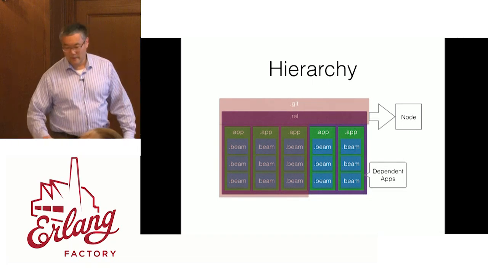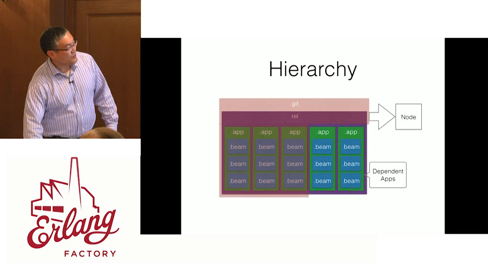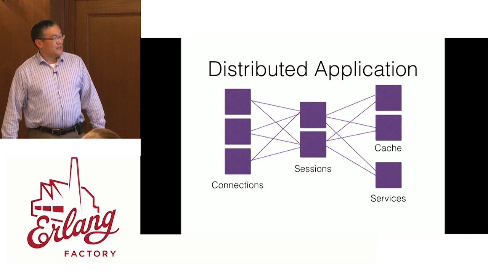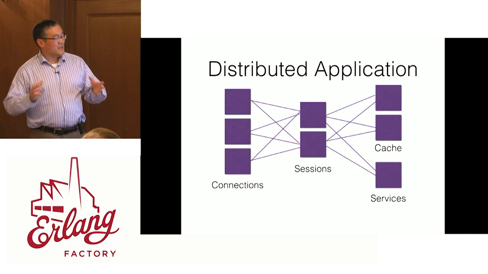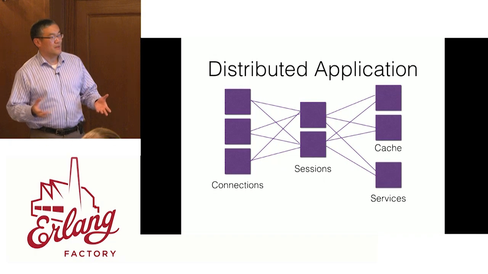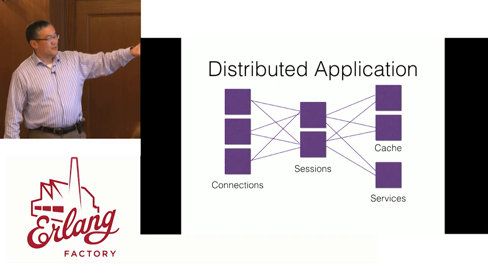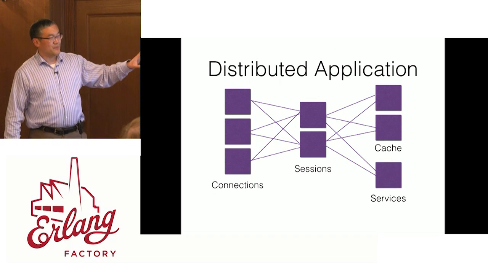Okay, so we've built our application and we've got our nodes running, and it's actually one part of a larger distributed application. What I mean by a distributed application is that in this diagram, each of the boxes is meant to be a node.